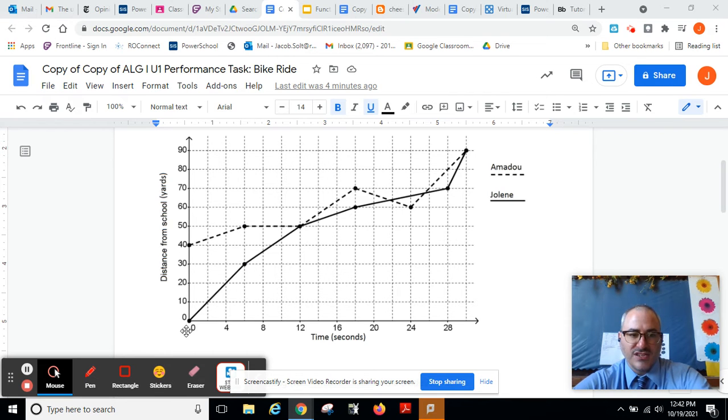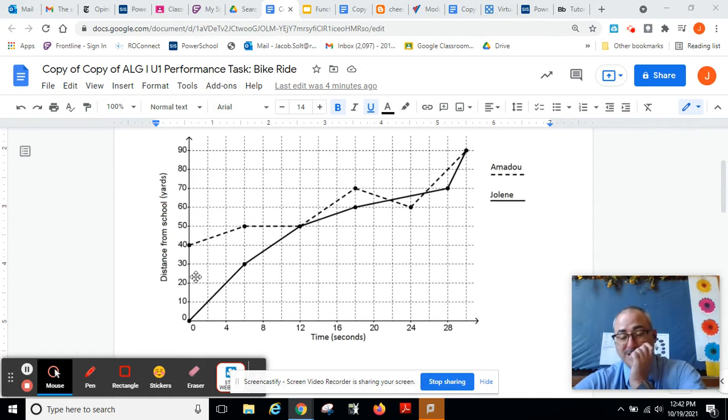Remember, it's like a phrase, the rate of change. Hopefully you remember that, the rate of change. This steeper slope means there's a faster rate of change. In this case, it means she's moving faster, right? The steeper slope here means she's moving faster than Amadou, who is moving much slower. The line isn't as steep.